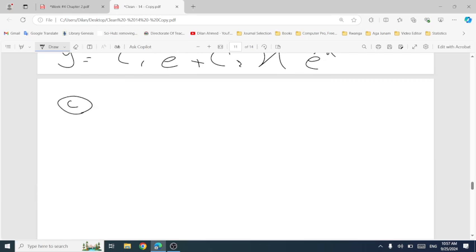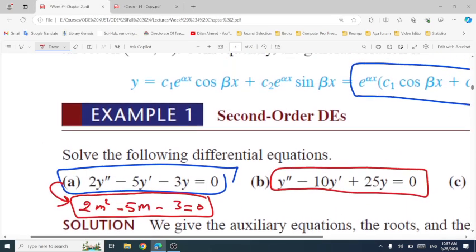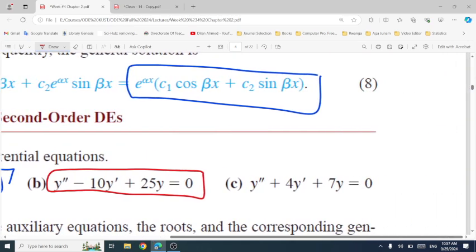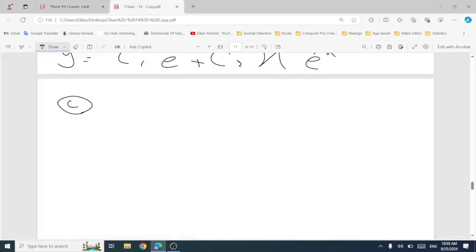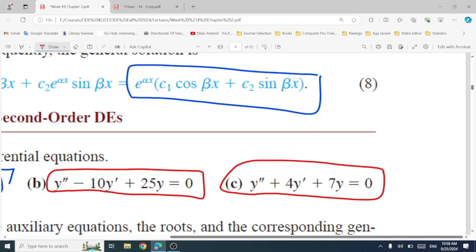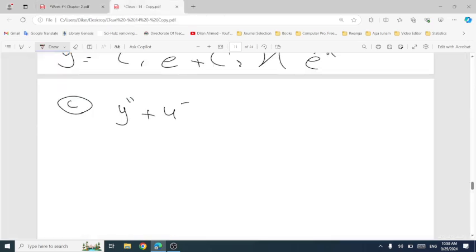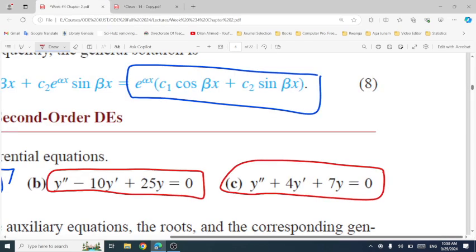Part C, third example. The same as example number 1, C. Look here. In the third one, you will deal with me: y double prime plus 4y prime plus 7y equal to 0.